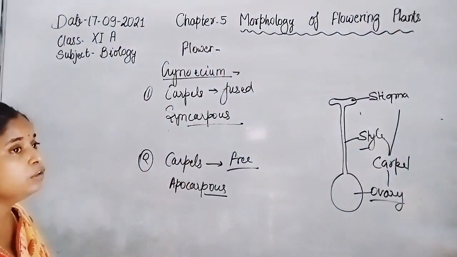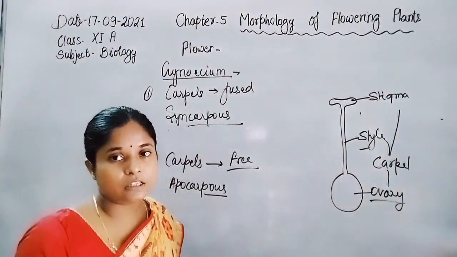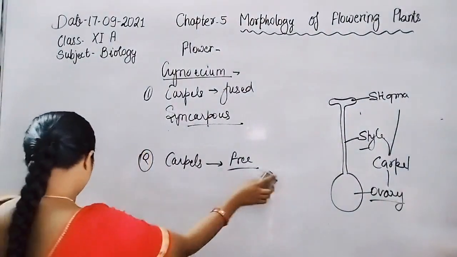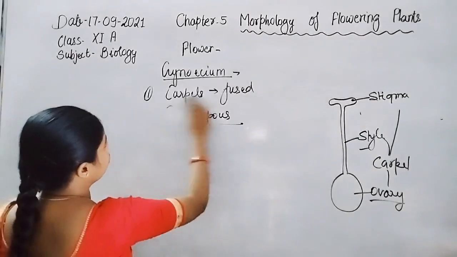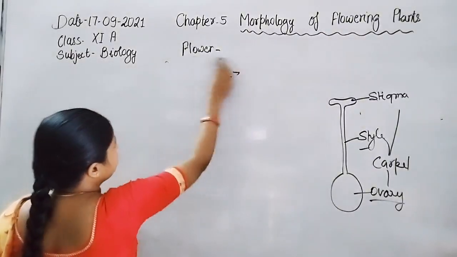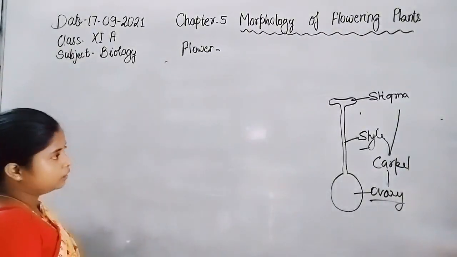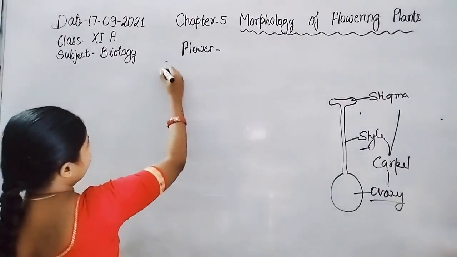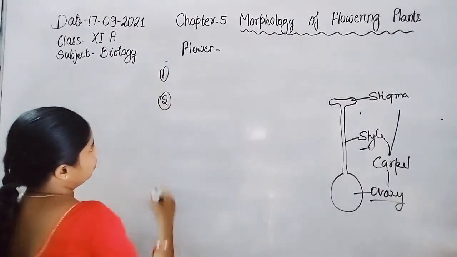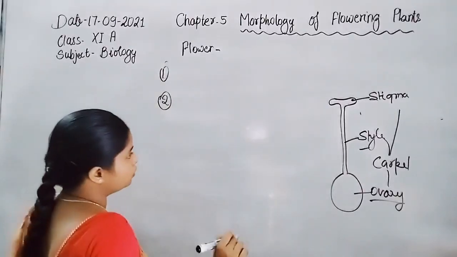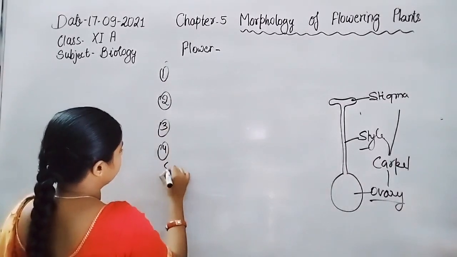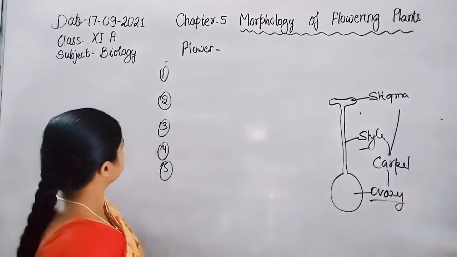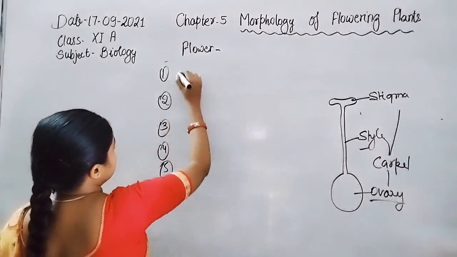How is the ovule attached with the ovary? On the basis of the ovule's attachment inside the ovary, there are five types of placentation observed.